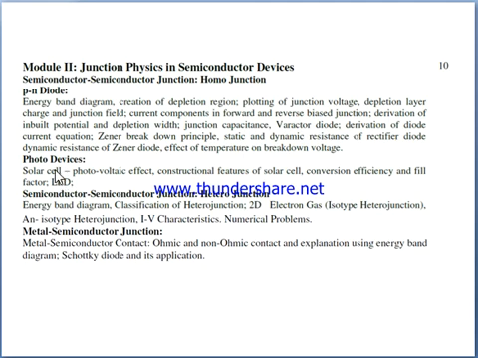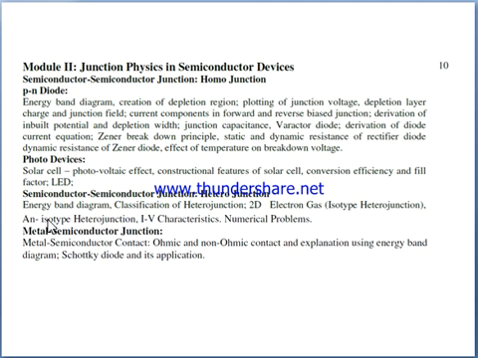Then the next part is about solar cell and LED, which we have already discussed. Under this section, what is a solar cell, how it works, and what is the conversion efficiency and fill factor. Also we have discussed LED, that is light emitting diode. The next part is the semiconductor heterojunction.